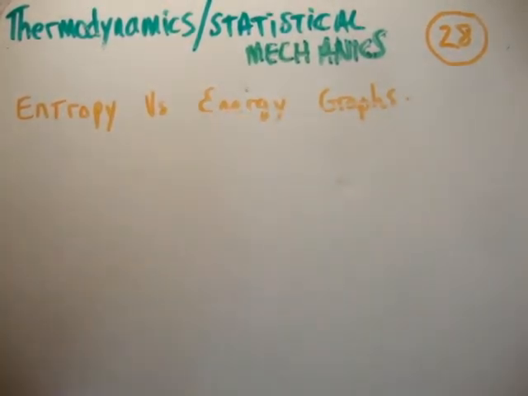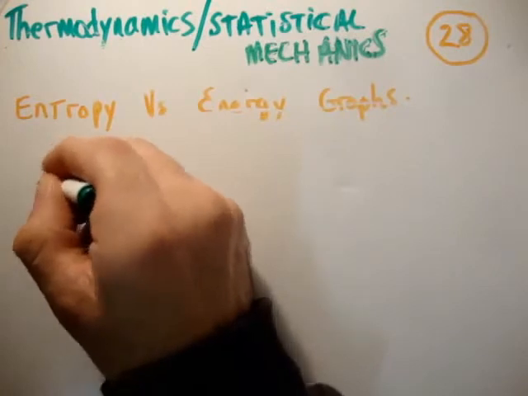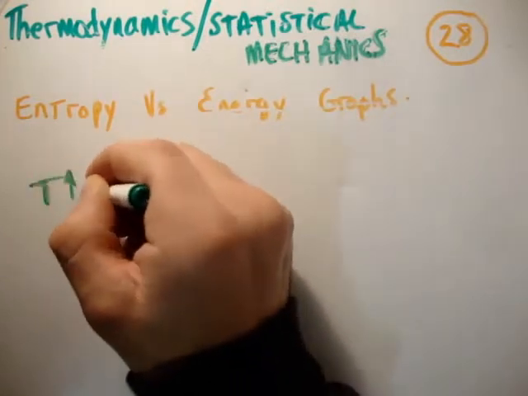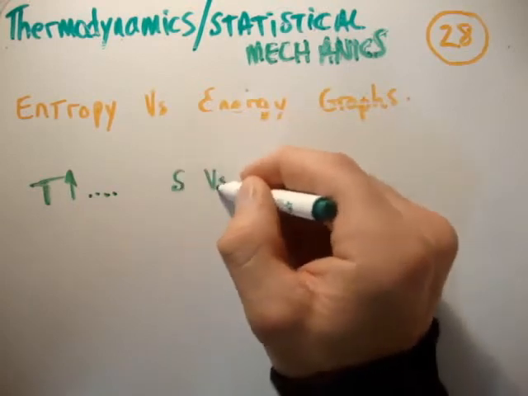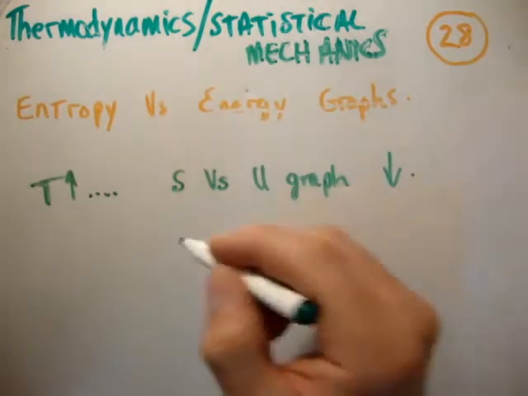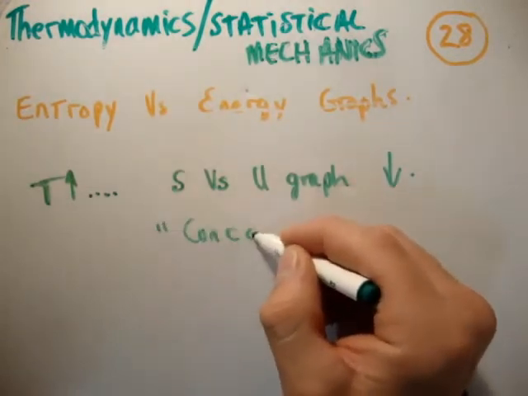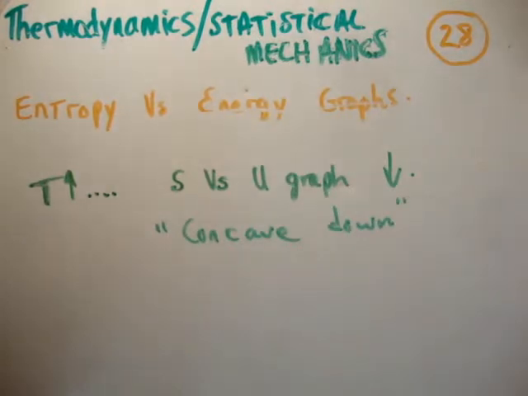Alright, so increasing temperature. Well, if the temperature goes up, then the S versus U graph goes down. So it's concave down. Increasing temperature, concave down. That's what increasing temperature is.